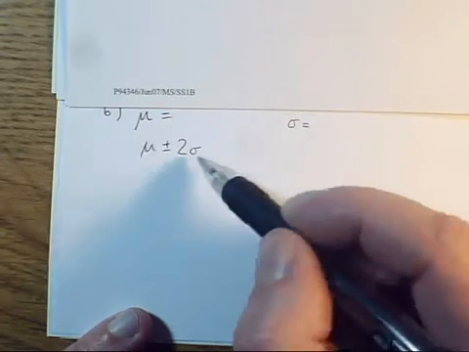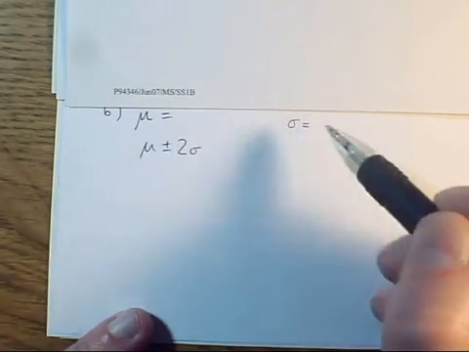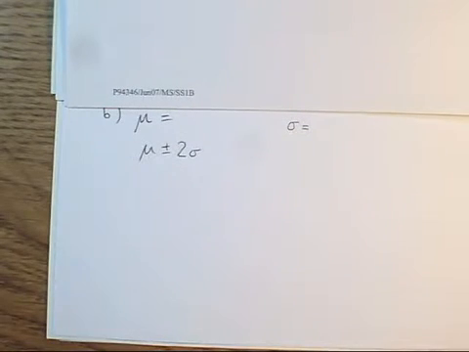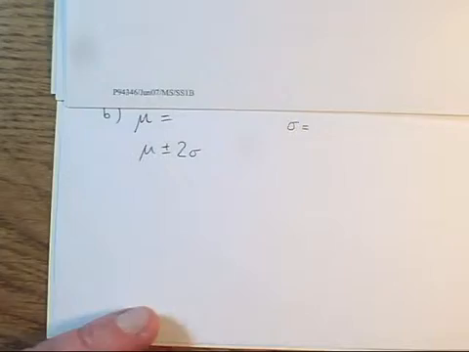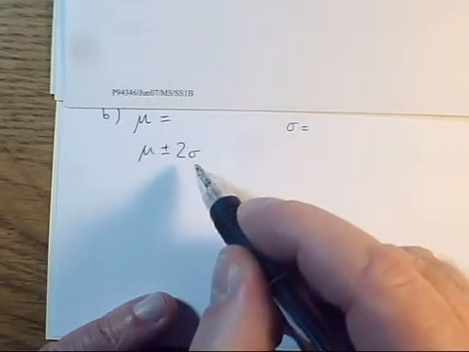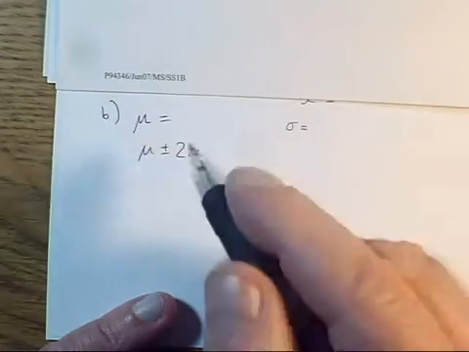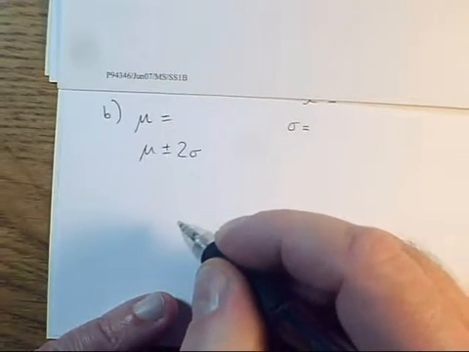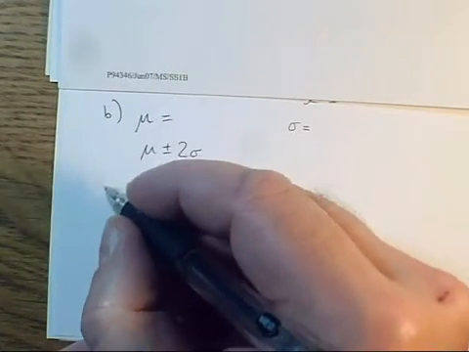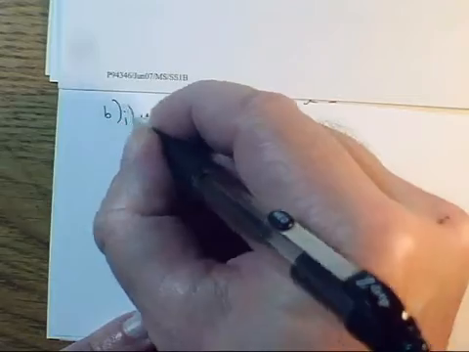And if you work out mu plus or minus 2 sigma using these values, then going up or down 2 sigma from the mean may lead to values that are simply not sensible. So if you get non-sensible values by looking at this, you comment on that and you say what percentage should be outside that range, and that should get you the marks. Okay, so that's B.E1, that's why it's not likely to be normal.